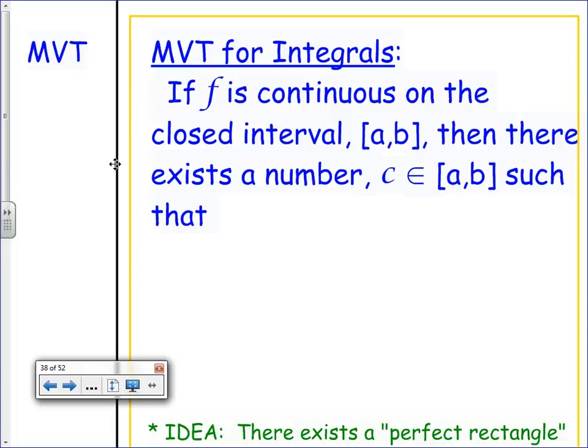MVT for integration. At its core, it is the exact same as the MVT that we learned a long time ago. But in application, now that we've learned integration, we can write it differently and use it a little differently.